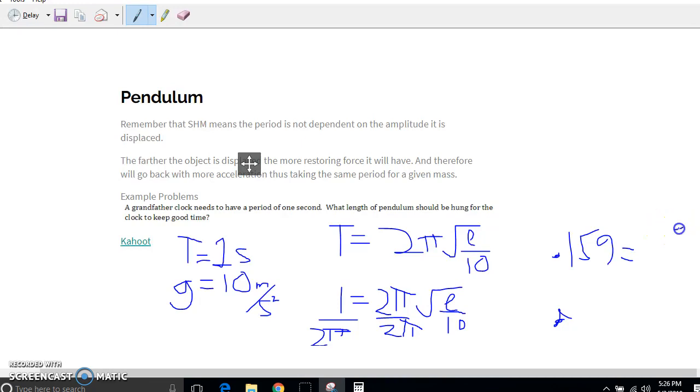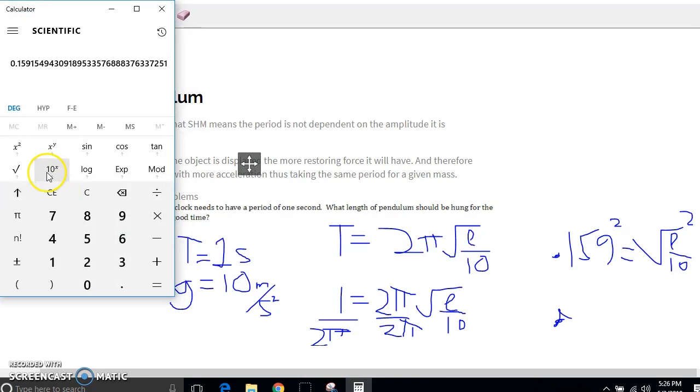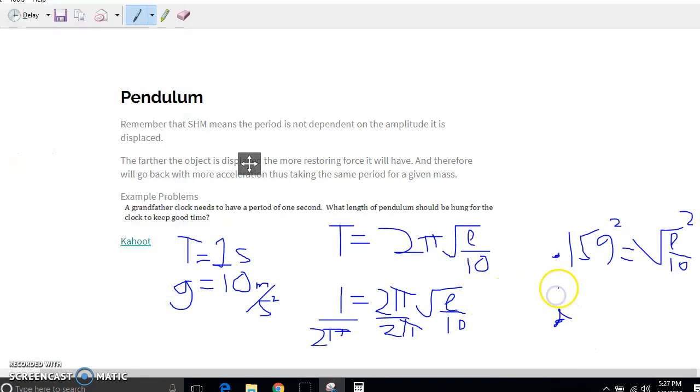This is equal to the square root of L over 10. So now I have to square both sides. 0.159 squared equals 0.025.